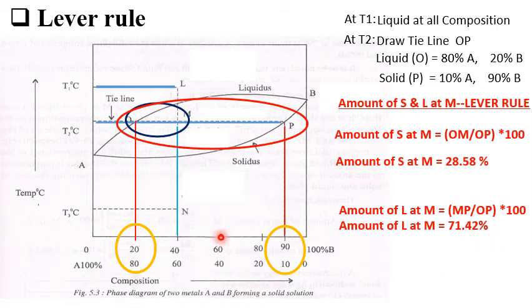You can easily check your answer by taking this one, 28.58. So 100 minus 28.58 should give the value you get here, because the total amount we consider here is 100%. The amount of solid and amount of liquid should give the 100% mixture.